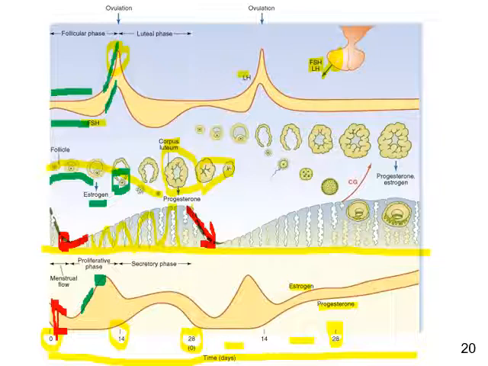Throughout this period, the endometrium is developing and proliferating. At ovulation, the corpus luteum produces progesterone. Progesterone levels increase.